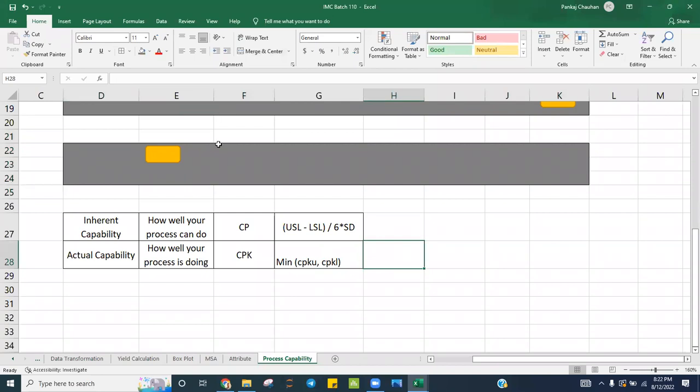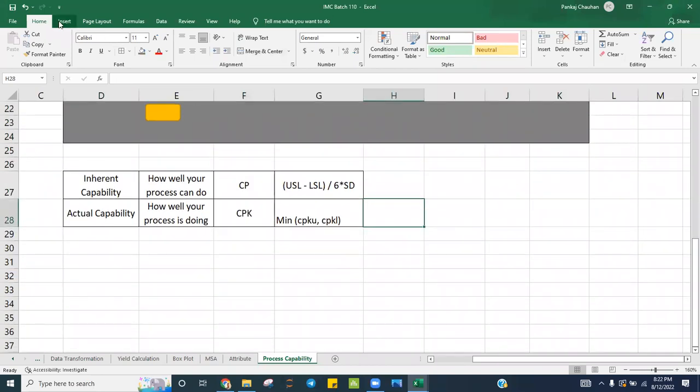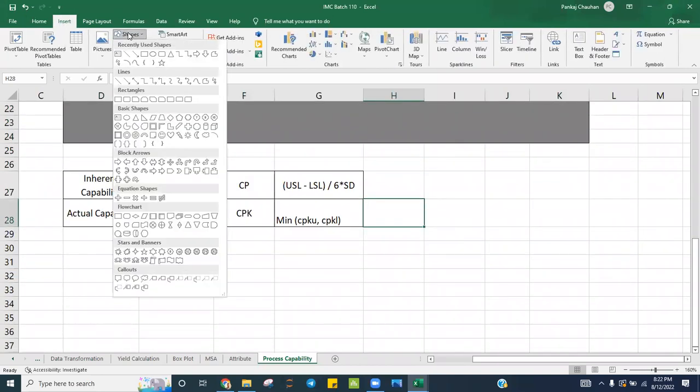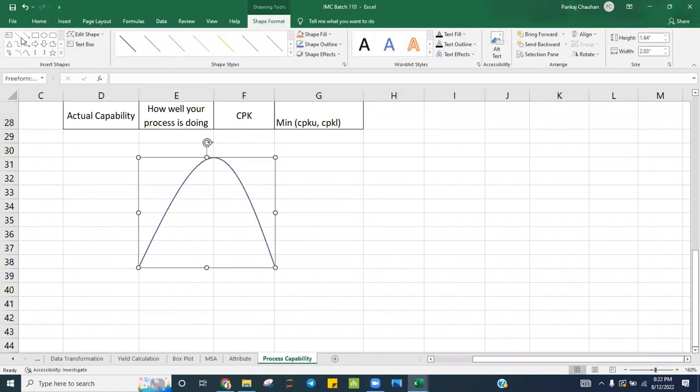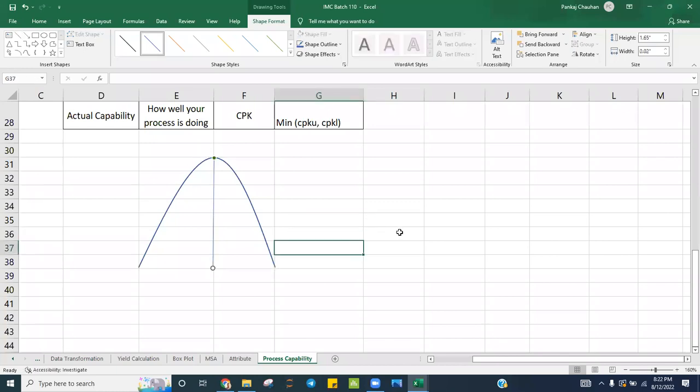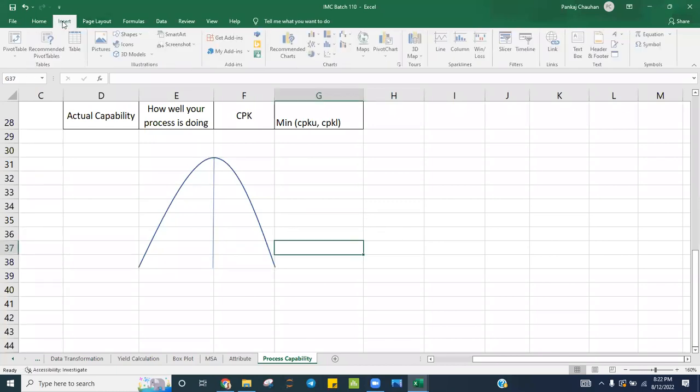If you try to understand from the data distribution, let's say here is the shape I'm creating. So this is your data distribution around the center line. Where is the center line? Center line is, let's say, this. Now you have the specification value. Sorry, not this.